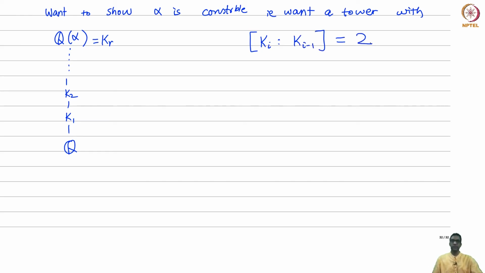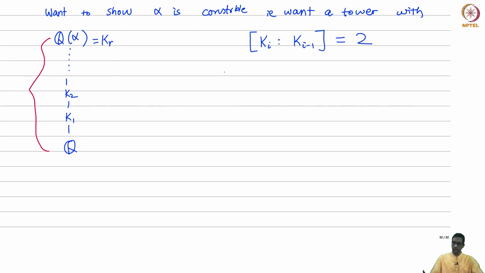Now, how are we going to construct a tower? Well, we use the fundamental theorem of Galois theory again, right? I know that this is a Galois extension, with Galois group which is abelian and whose cardinality is a power of 2. How do I get a tower of extensions? Well, I look instead for a tower of subgroups, such that the successive quotients of the cardinalities is just 2.